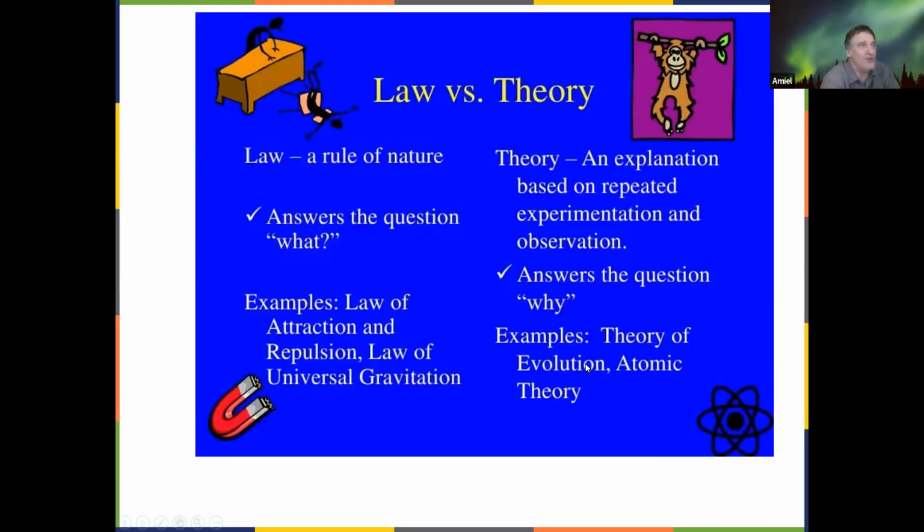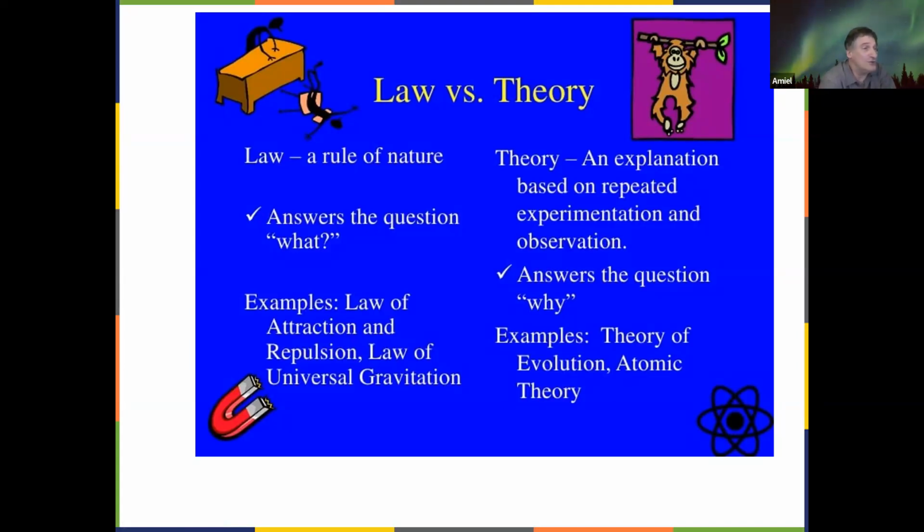For example, the theory of evolution explains the why we evolve, survival of the fittest, blah, blah, blah. Atomic theory, which has the assumption, all theories have postulates or assumptions that if this is true, and the great assumption of atomic theory is that atoms exist.